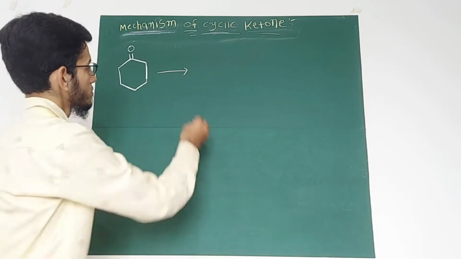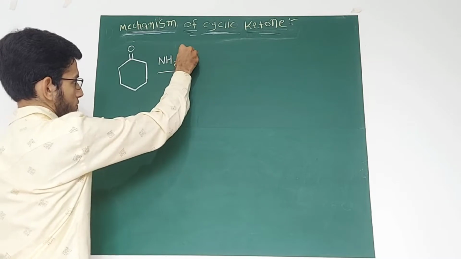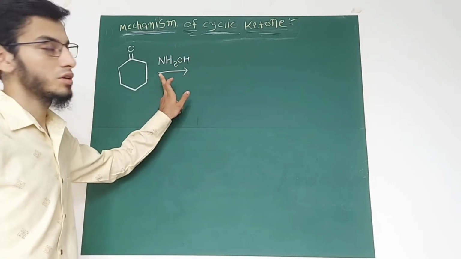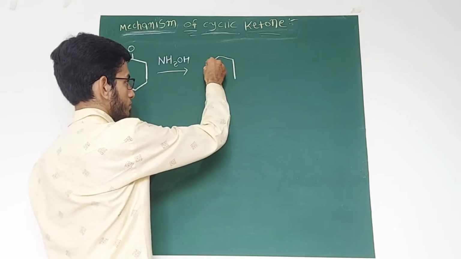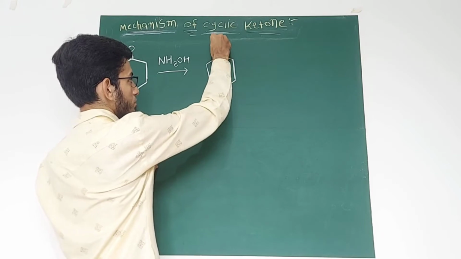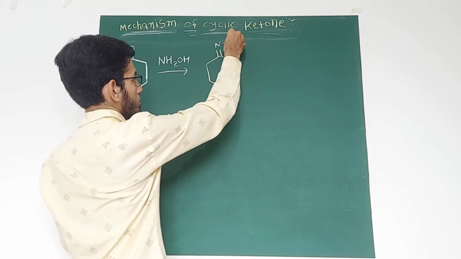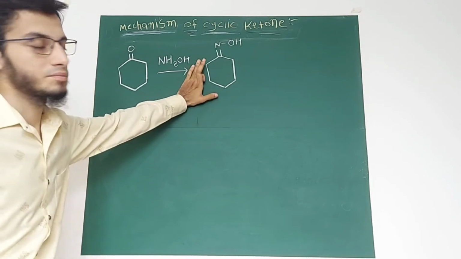Cyclic ketone. So it reacts with hydroxylamine. You will get cyclic ketoxime. Okay, ketoxime.